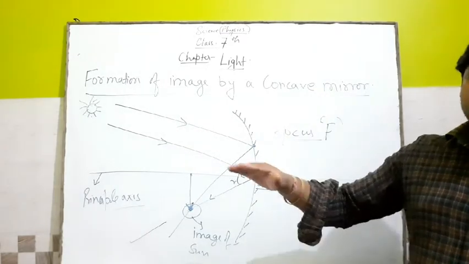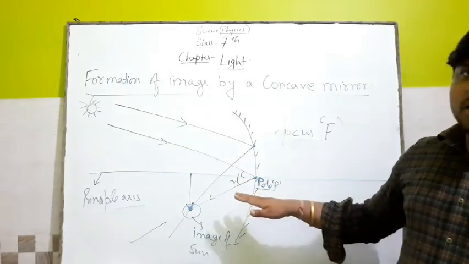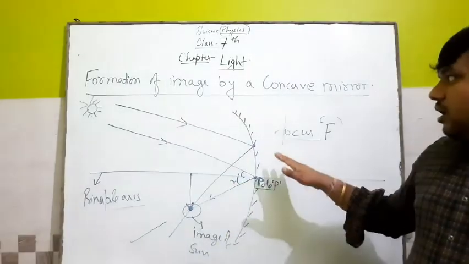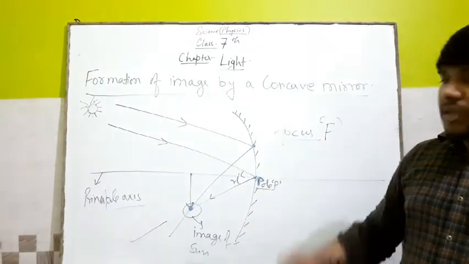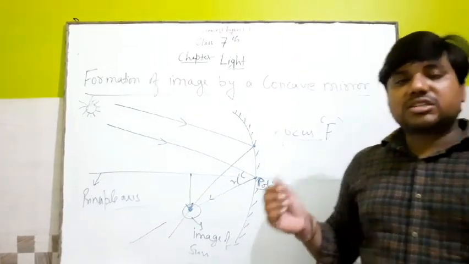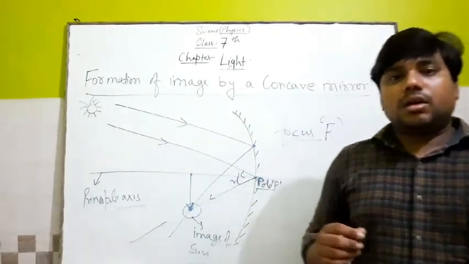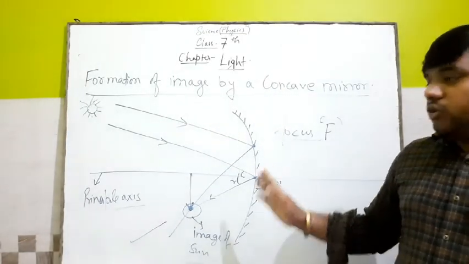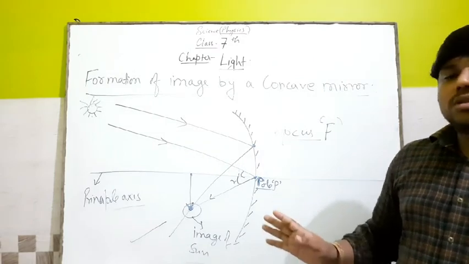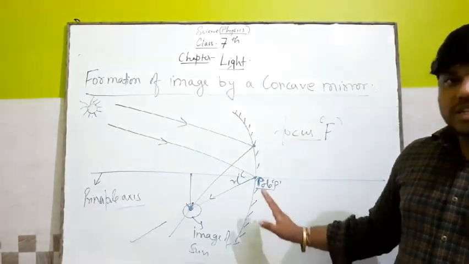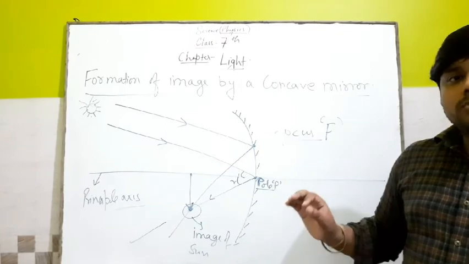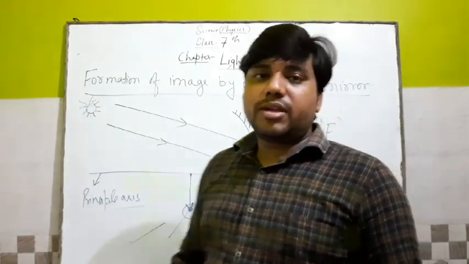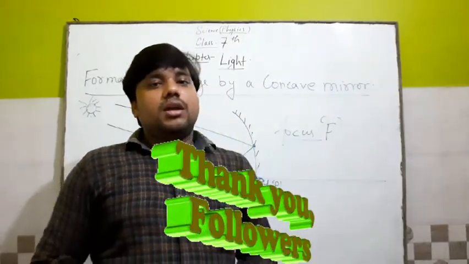So at different places of the object, there is a different nature of the image. So in the next class we will discuss that topic briefly. For now, revise or read your books and revise this session at your home.